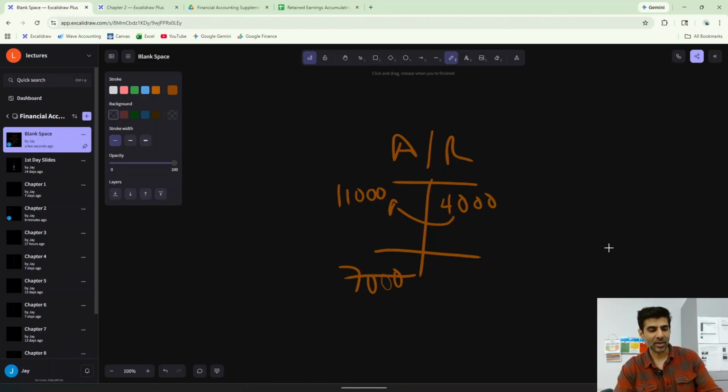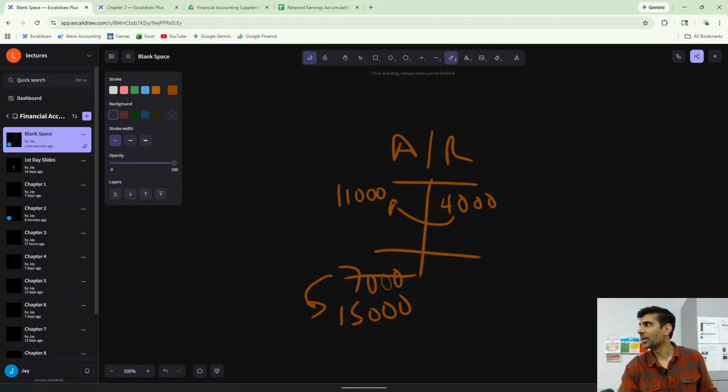What's my new balance going to be? 15,000. So I basically have to add double, right? It's not just adding the amount that was the wrong amount, it's double that amount. Because we went from 7,000 to 15,000 when I corrected that.